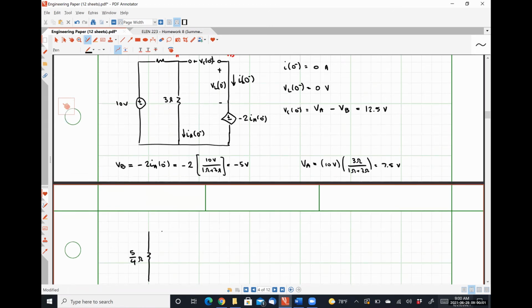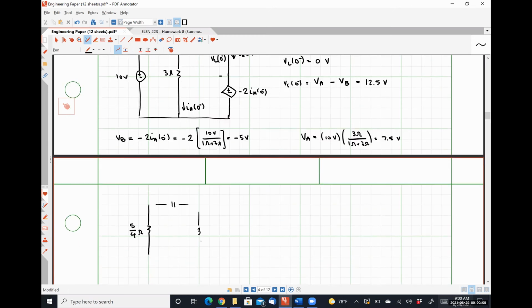So our capacitor would go here. I'm going to lightly pencil it in and we're going to erase it in a second. And then our inductor would go here, where I'm going to try to lightly pencil it in and we'll erase it in a second. And our current I at 0 plus is the one flowing around that loop.